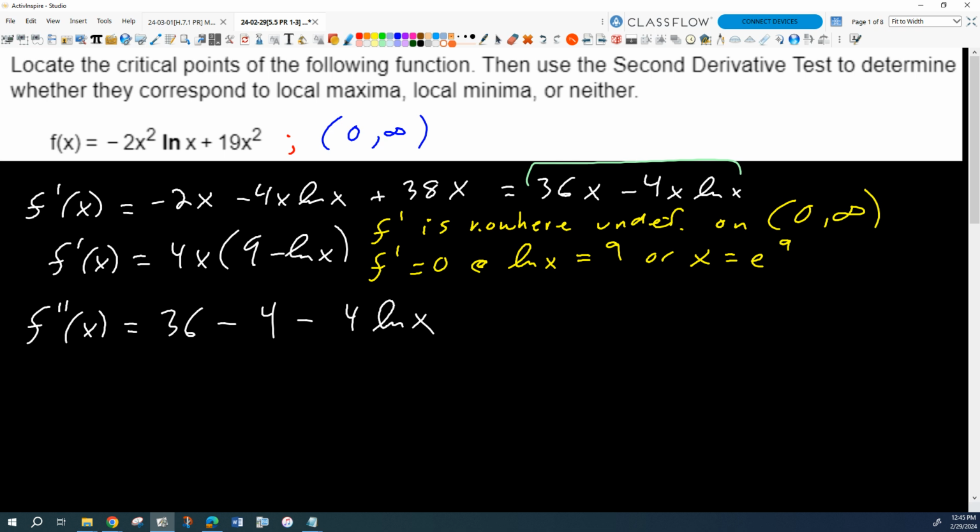There you go, right? So that's the same thing as 32 minus 4 log x, which is the same thing, factor out a 4, as 4 times (8 minus log x), right? Yes.